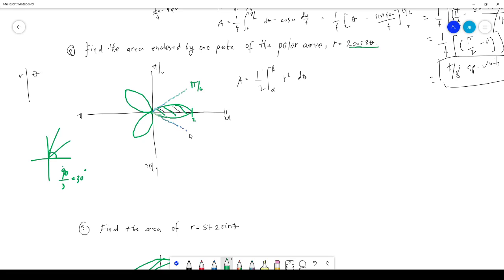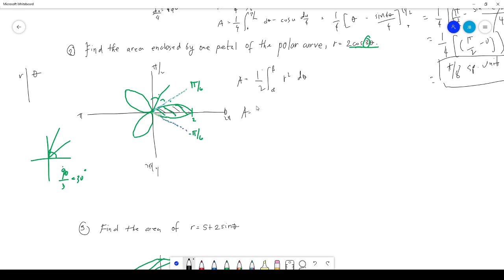And obviously this one is negative pi over 6. So again, 30 degrees and negative 30 degrees. When you cut that into 3 pieces, that's 30, 60, and 90. Therefore, we can now get the area.